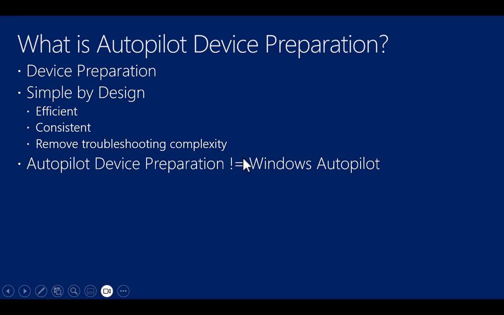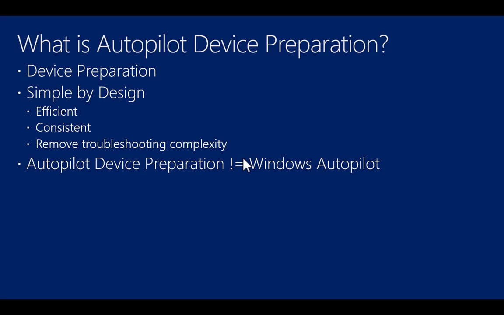So what is autopilot device preparation? It is device preparation, right? Autopilot device preparation is used to set up and configure new devices, getting them ready for production use. That's what autopilot is as well. But again, autopilot device prep is a different way of doing this.